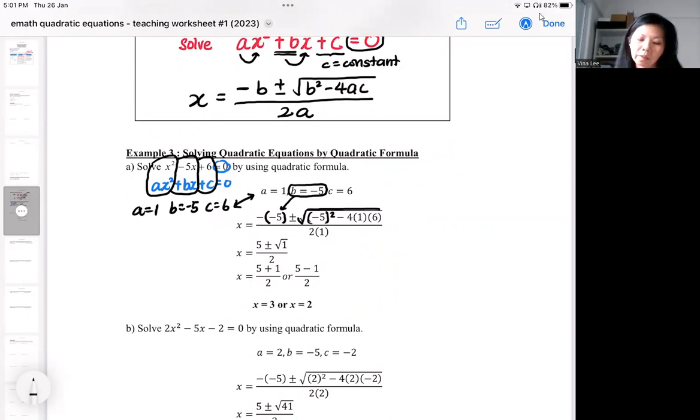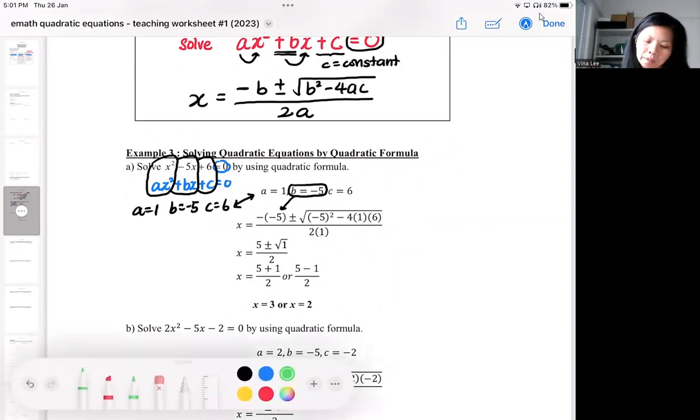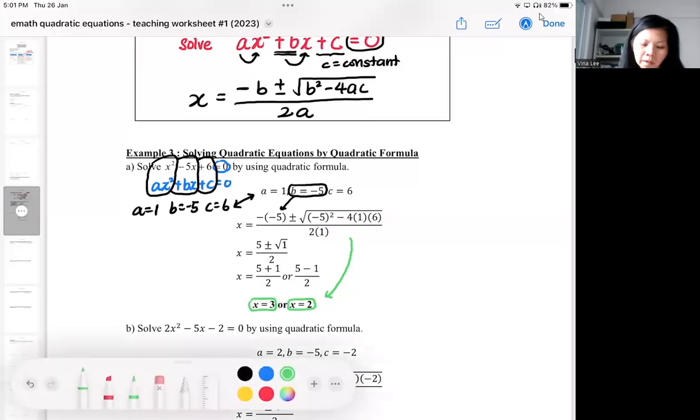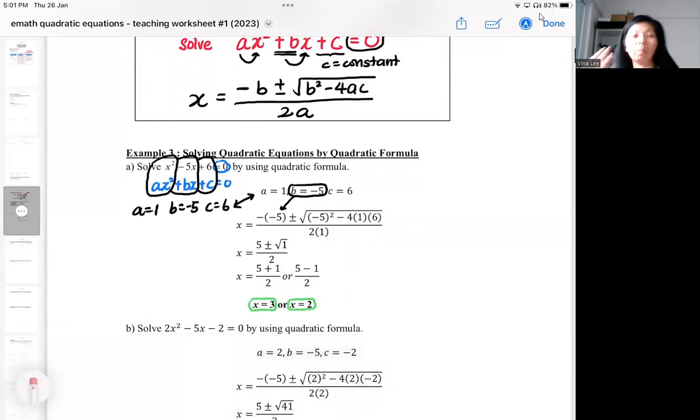So B squared minus 4AC. Essentially, I just plug everything in. A lot of you will press directly and get your two answers. There's nothing wrong with doing this, except that when you press directly, sometimes you subject yourself to careless mistakes that you are not aware of.